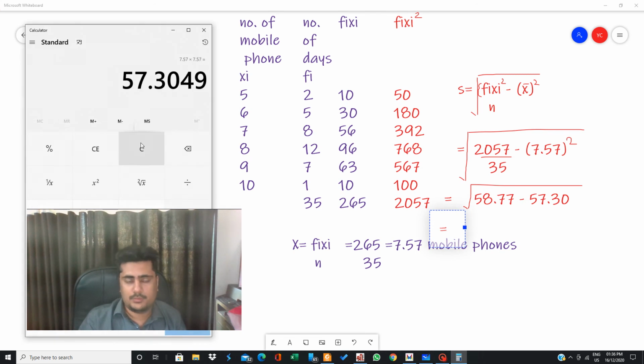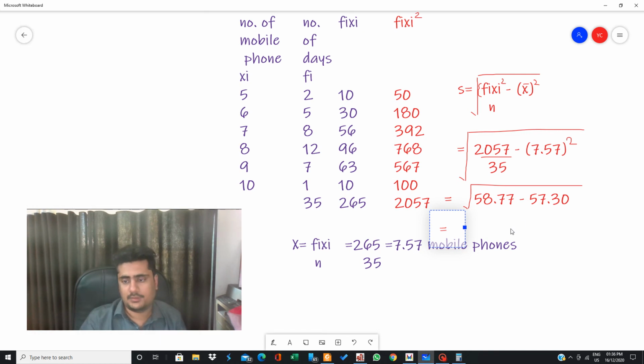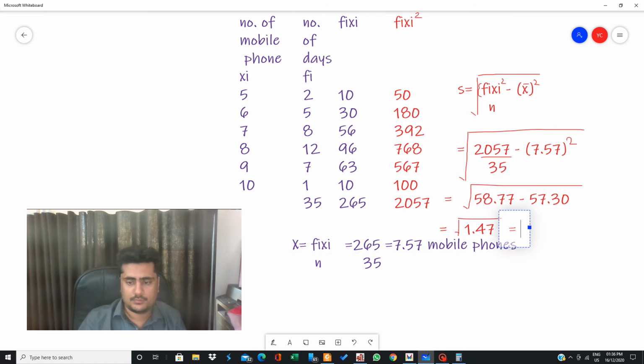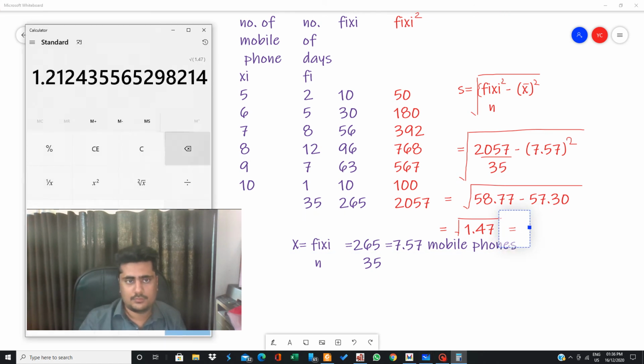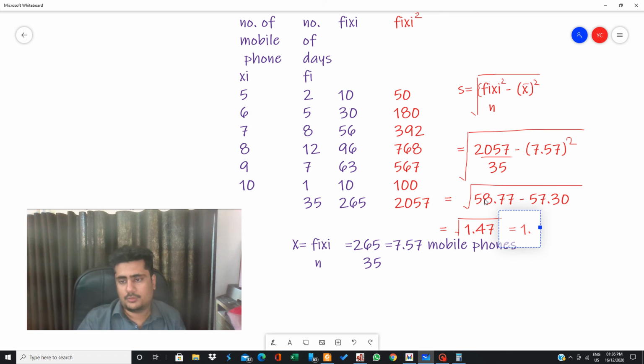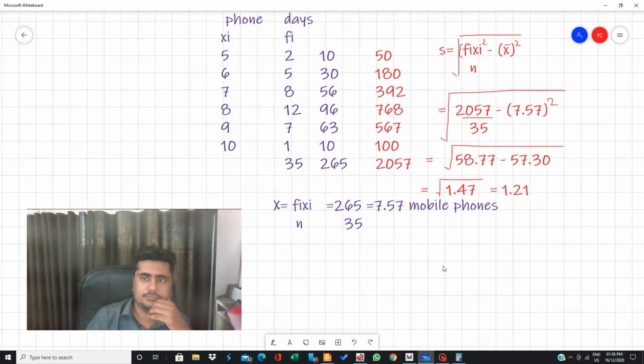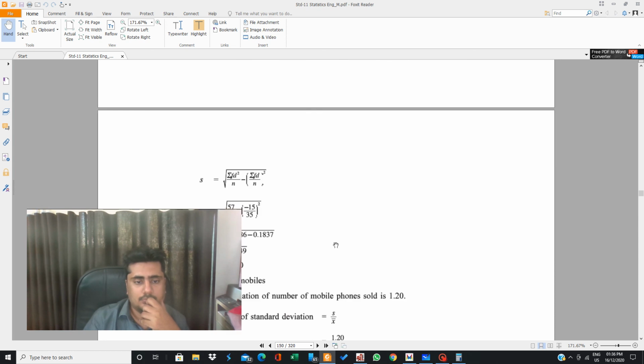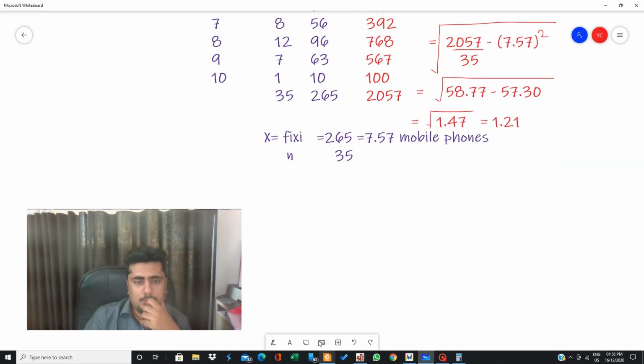Now this 58.77 minus 57.3 is 1.57. Root of this 1.57, so the answer is 1.20.